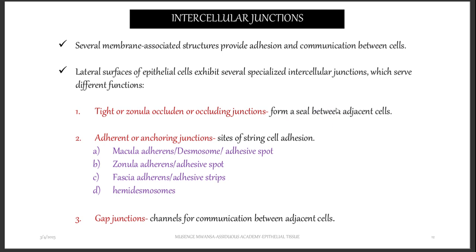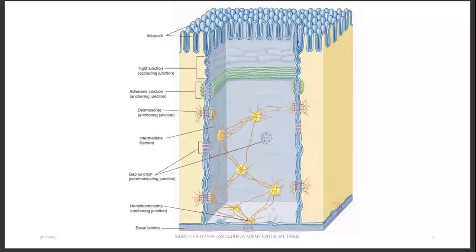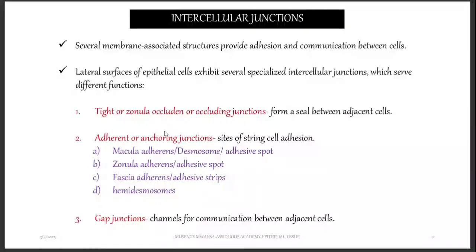These will form a seal. When you have one epithelial cell and another epithelial cell, you want to hold them together so that you will not have anything passing between the two epithelial cells. So there's one epithelial cell this side, another epithelial cell this side, and then you have these occludens junctions. Okay, so the tight junctions.